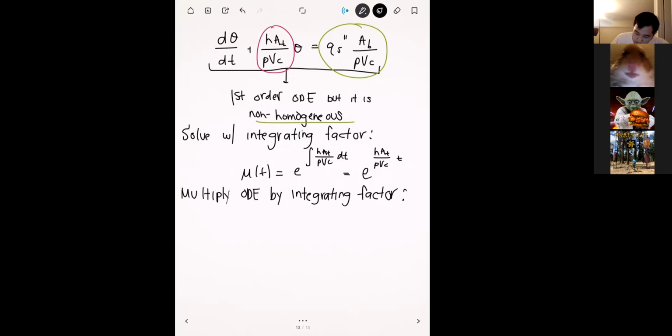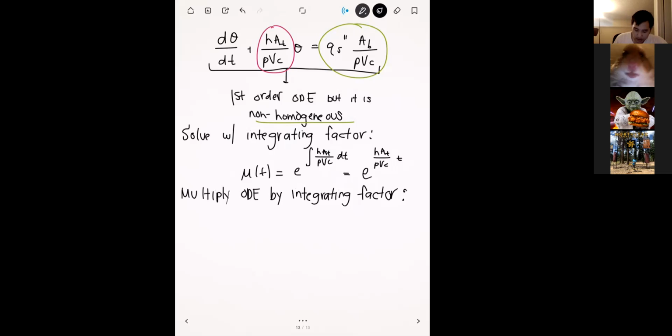At this point, you can take your integrating factor and multiply it by your equation. If you remember from your ODE class, the reason we do that is because it turns the left side of our equation into a perfect differential.